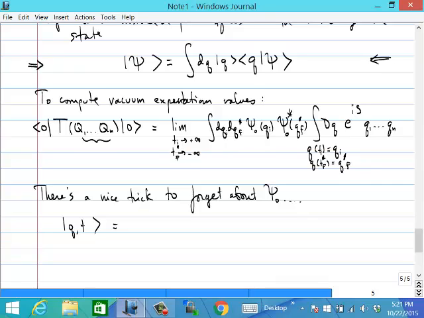So what is this if you expand it in terms of energy eigenstates? Let's label my energy eigenstates with some label that I'll call n. And then what you get is an overlap of n with your state q times your state n. So I'm just expanding in a basis of energy eigenstates.